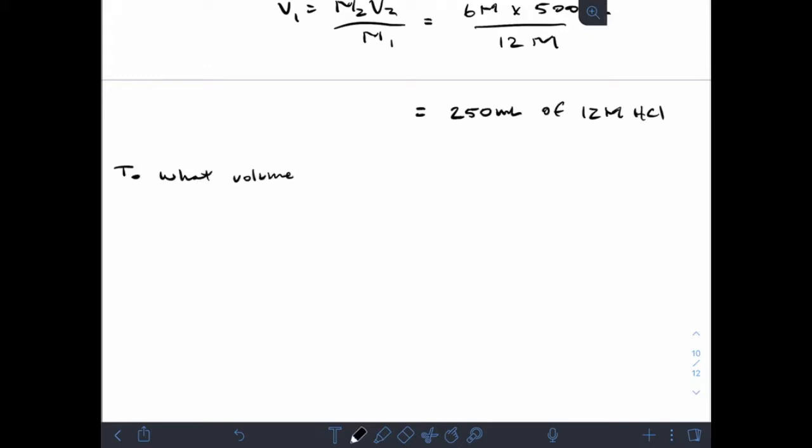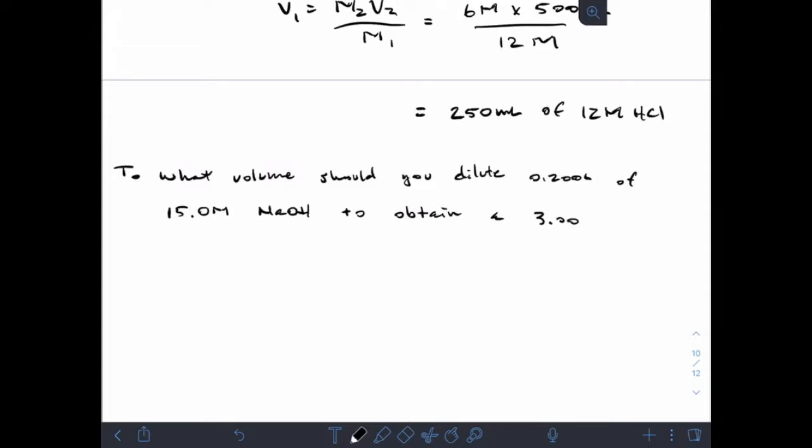To what volume should you dilute 0.2 liters of 15 molar sodium hydroxide, again, guaranteed to eat your face off, but less painfully than HCl will, to obtain a 3 molar sodium hydroxide solution?